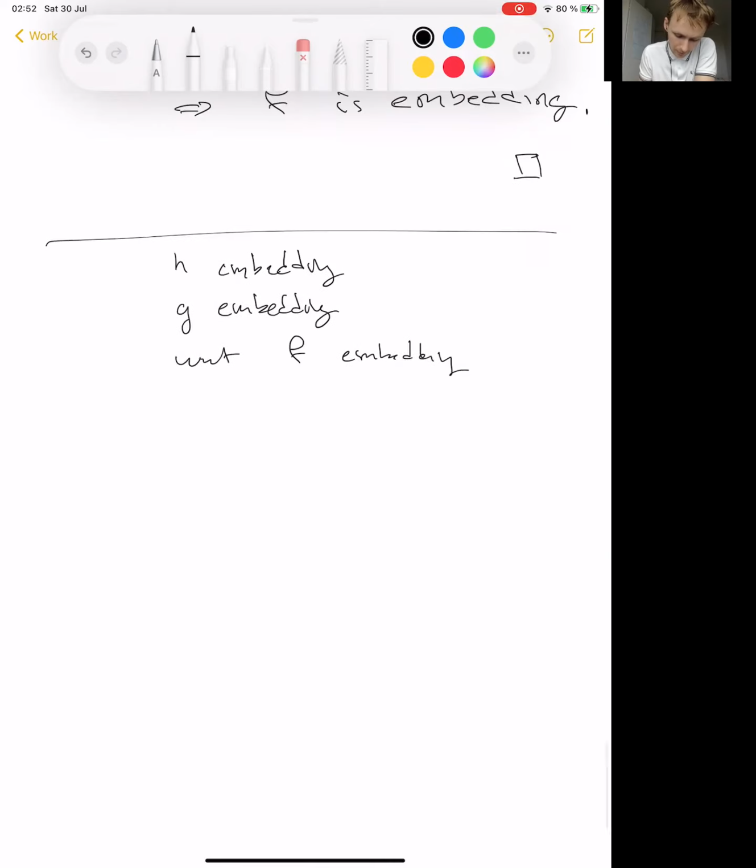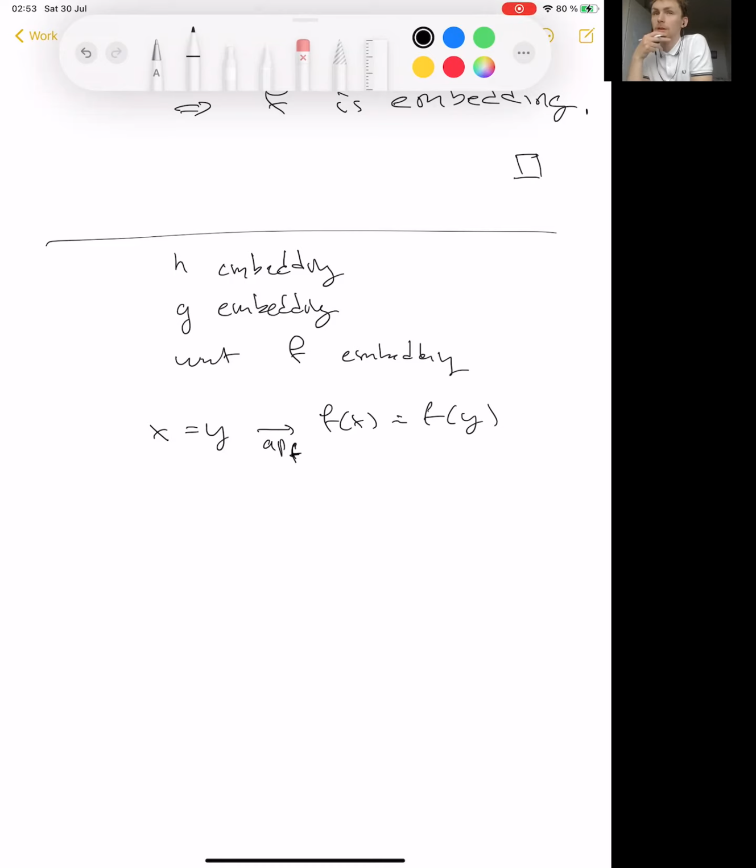So we want to prove that the map from X equals Y to Fx equals Fy is an equivalence by F. Right.